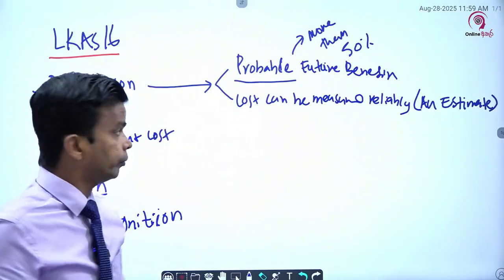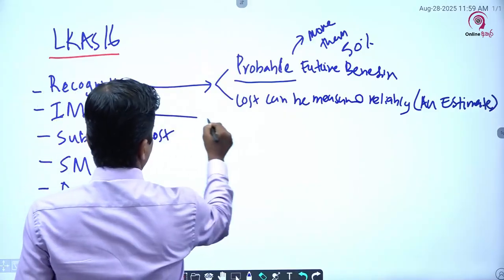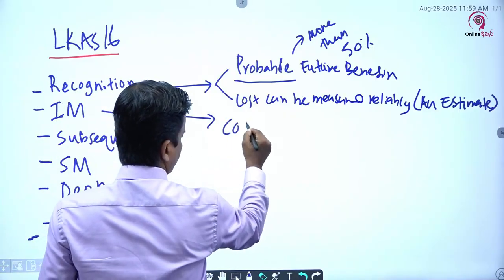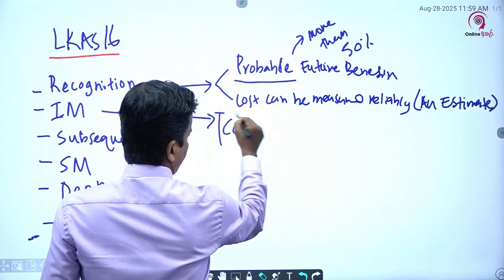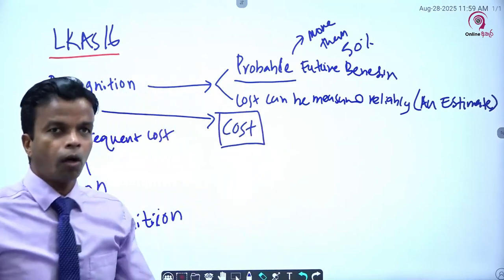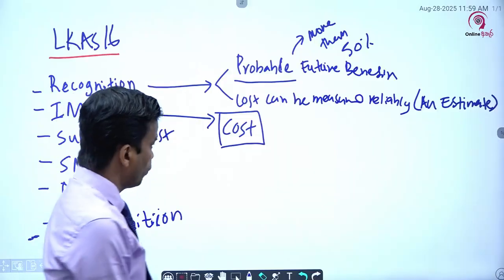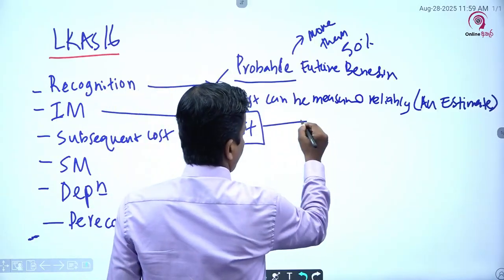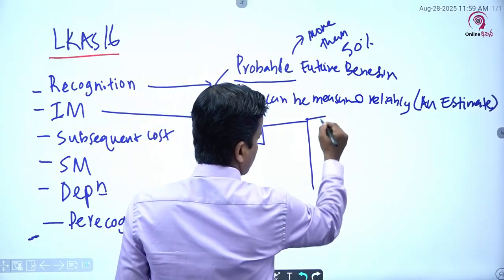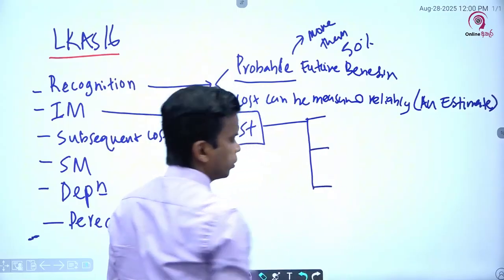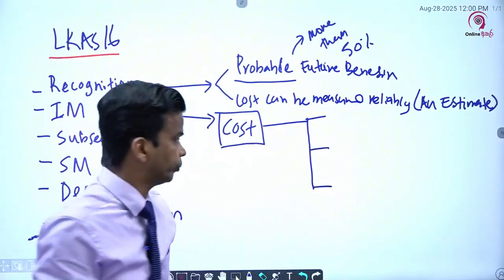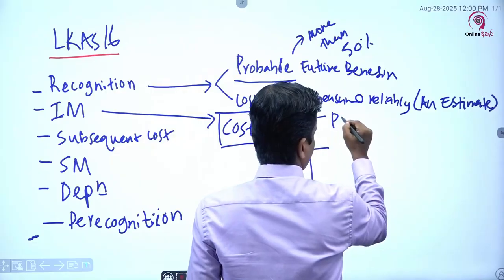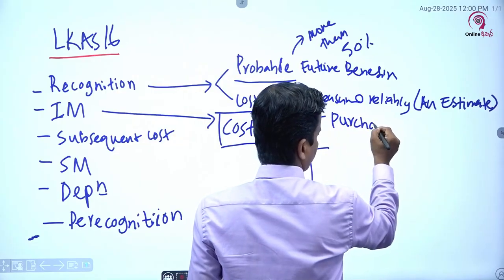Initial measurement. When you do initial measurement, it should be at cost, right? However, not everything and anything. When you say cost, you can take three types of cost. That one is, of course, the purchase cost.